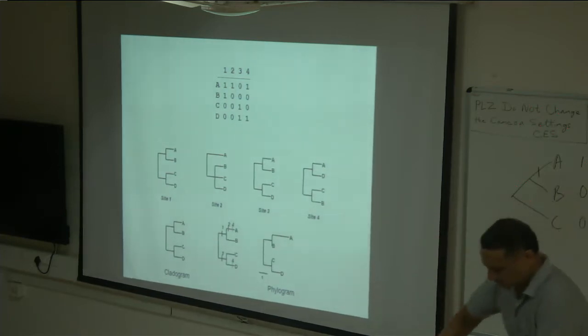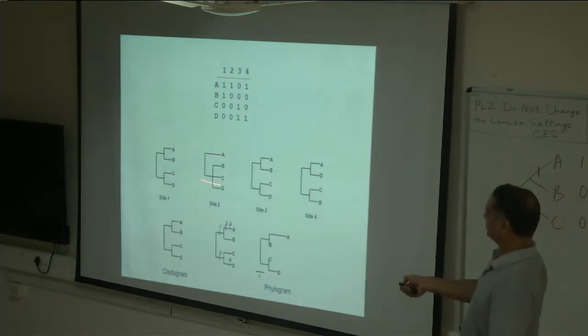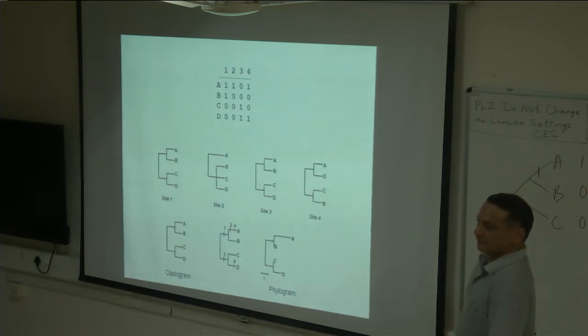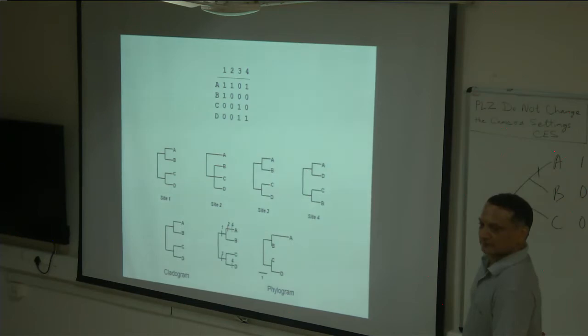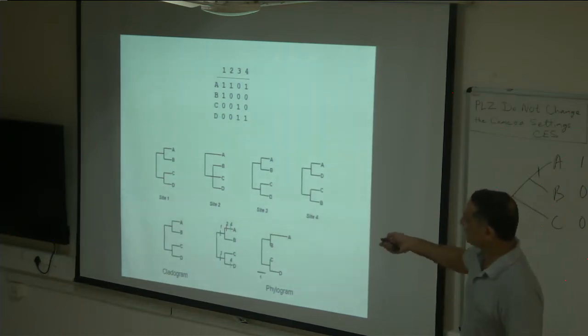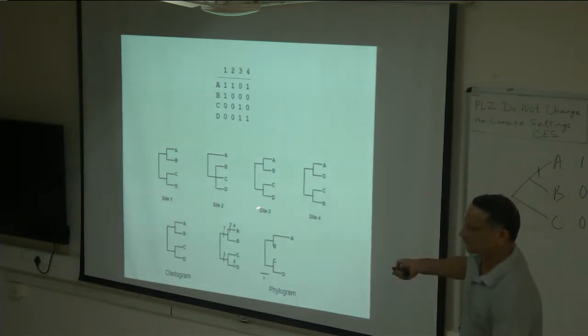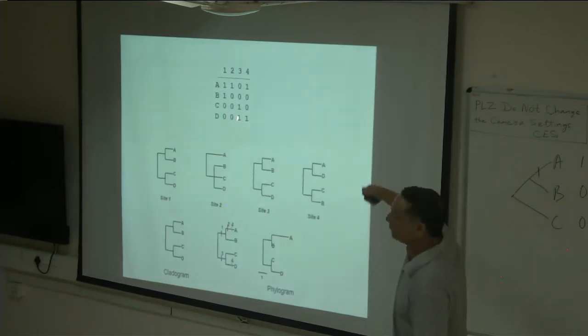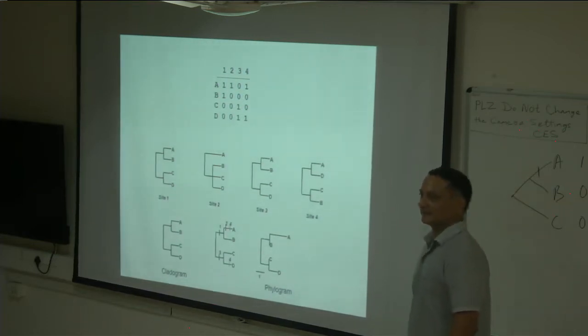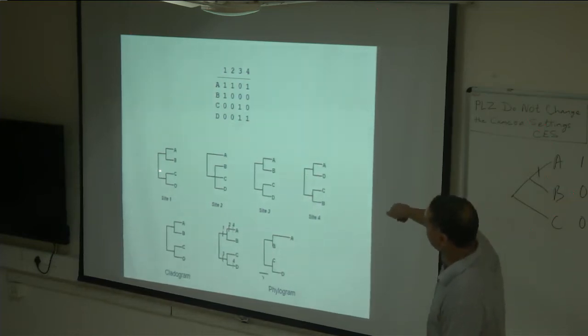What have I done here? Yeah, there are multiple topologies, but what is this site 1, site 2, site 3? For each character, I have built a tree. Right? For character 1, that's the tree.